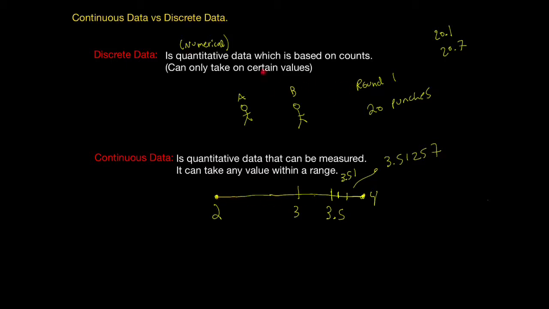For discrete, that can also be possible. We could have an infinite set of discrete values, but for continuous, we can have a lot more values since we're including decimals. We can get fractions, irrational numbers.